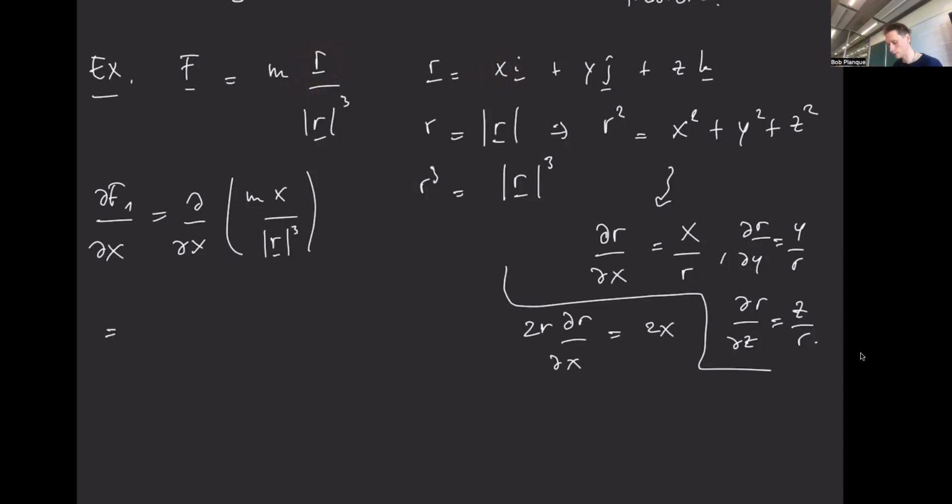And m is a scalar, so it's this. But r, of course, depends on x, so I have to do some calculations to work this out. So that's times, and then I have to do the quotient rule.